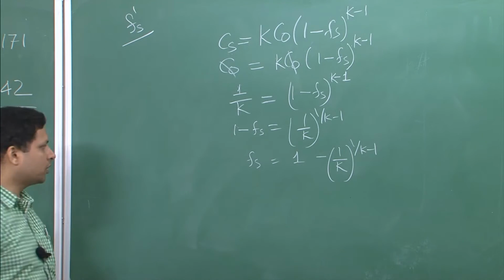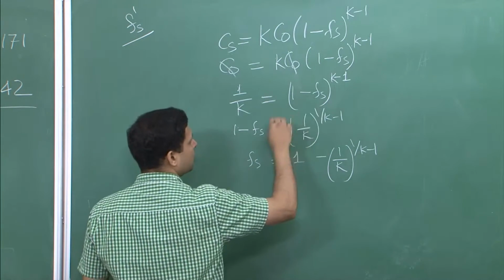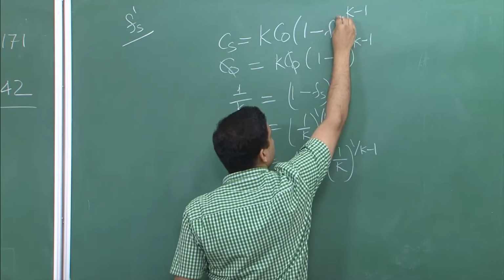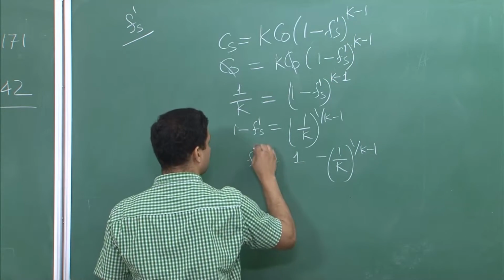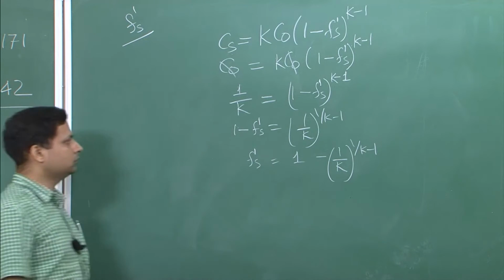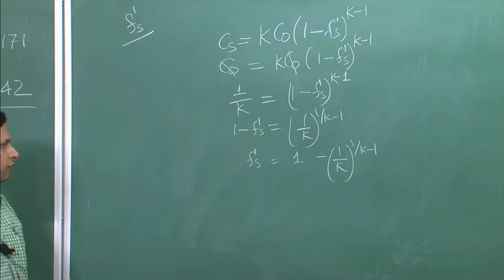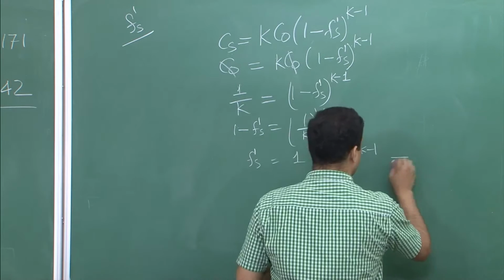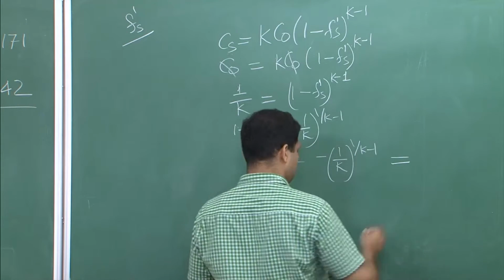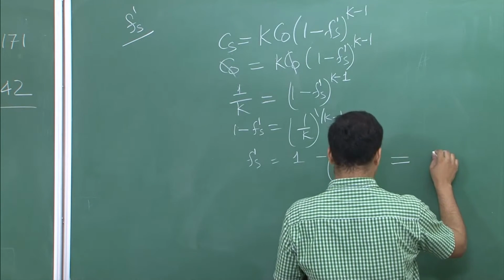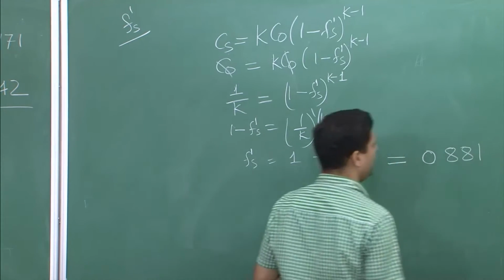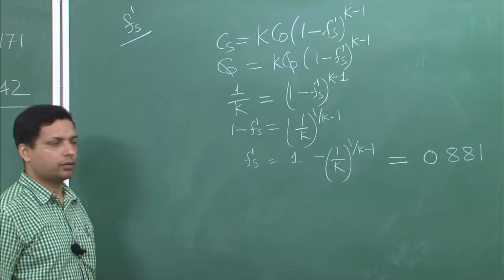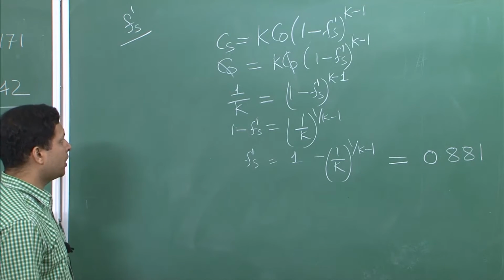So you have to just put in the values. This is, and to be consistent, let me put Fs1 over here. So these are the Fs1 values, and when you put in the k values, you would get 0.881. So this is Fs1.